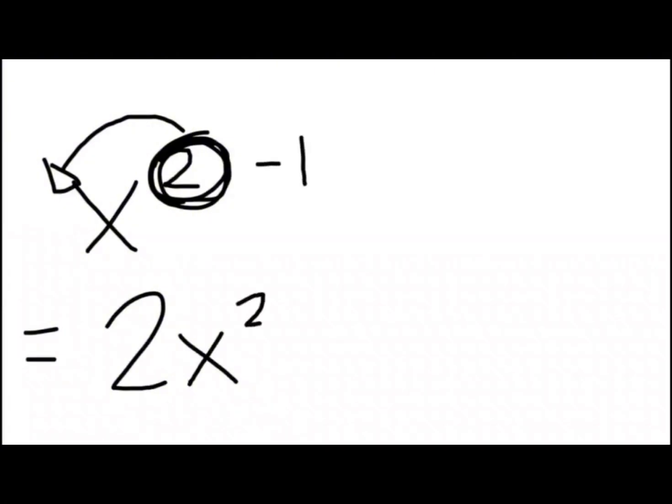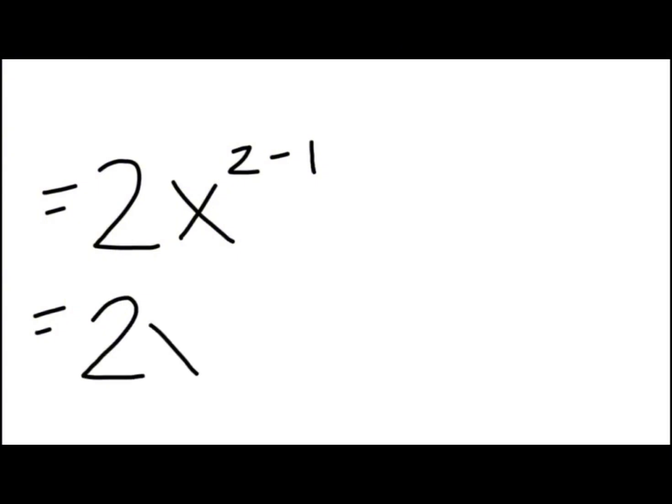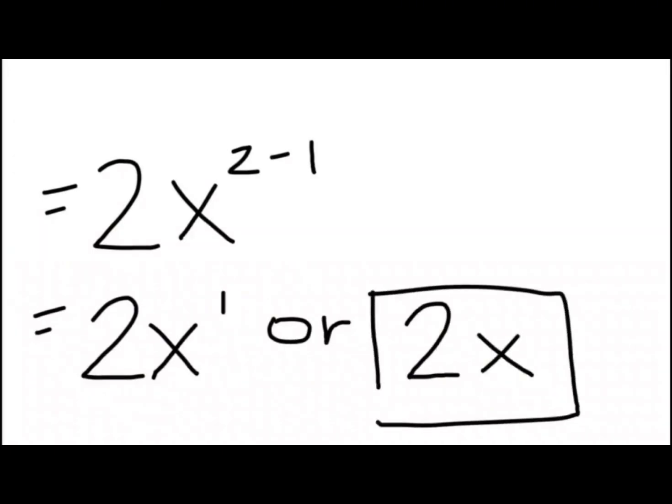So it will result as 2, and then copy x, and then as I've said, the exponent minus 1, so it will become 2 minus 1. So now we have 2x raised to 2 minus 1. It's equals to copy 2x, and then 2 minus 1 is equals to 1, and 2x raised to 1 is also equals to just 2x, and that's the final answer.